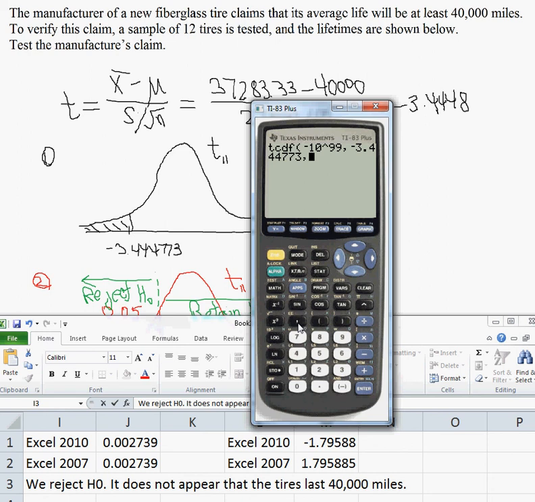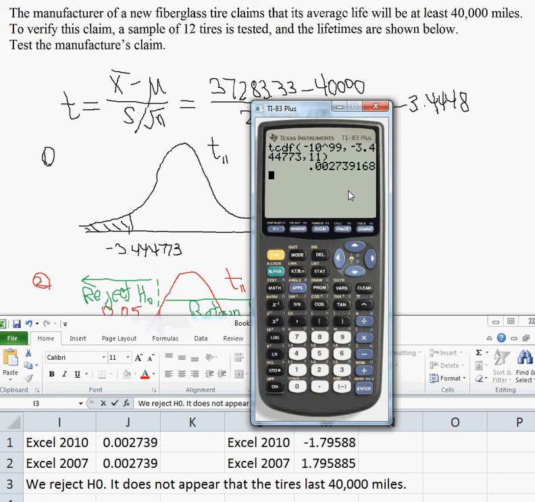And then the third argument will be the number of degrees of freedom, which is 11. So this works like the normal CDF command, except I have to put in the third argument for the number of degrees of freedom. And then hitting enter, I should get basically the same answer that I had before, 0.002739.